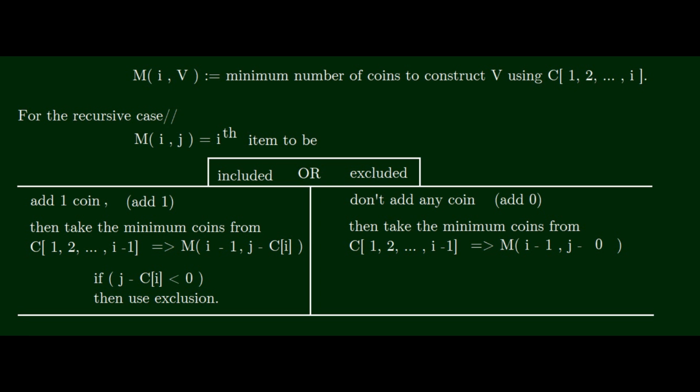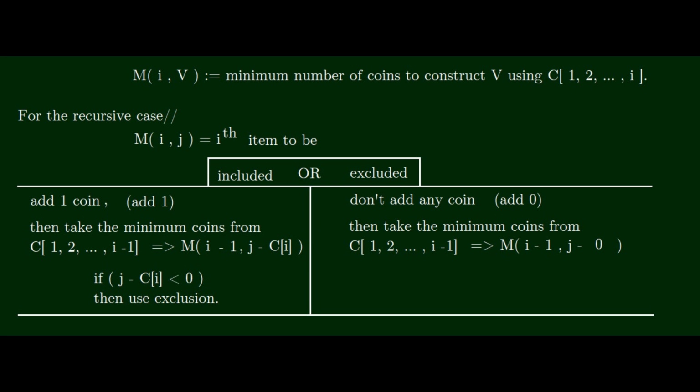So m(i minus 1, ...), and indeed we have already used up that Ci cost. Then obviously we can include the remaining value from the previous coins, which are before the I. But if j minus Ci, this quantity here, is negative, then we have to exclude that item.